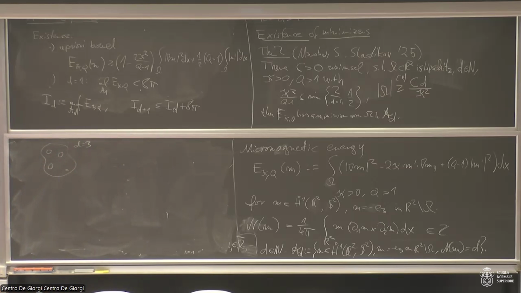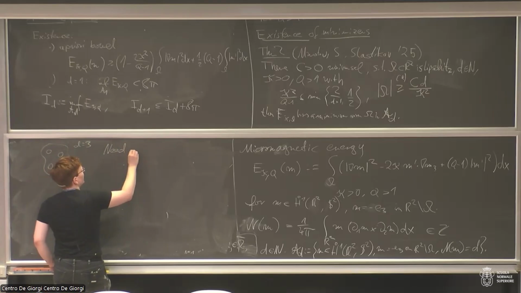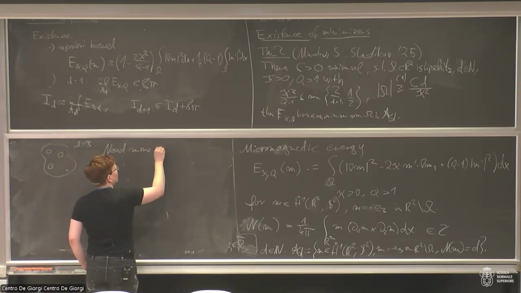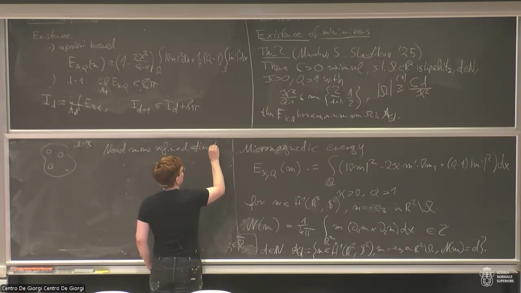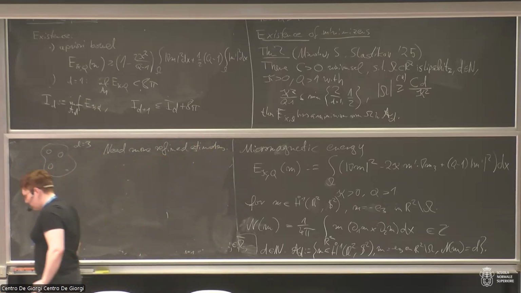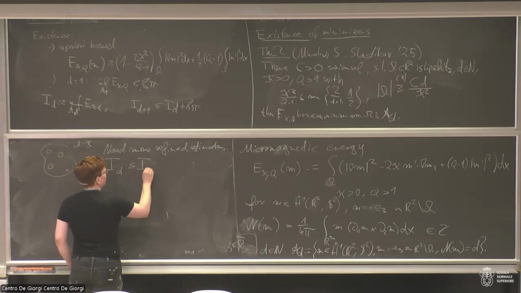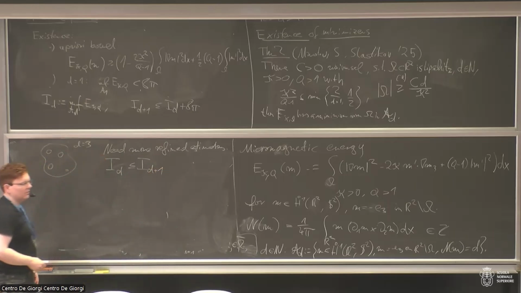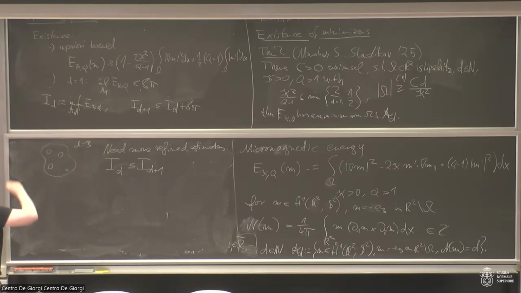So you need some more refined estimates. The more refined estimates are that if you go up a degree, you don't have less energy for some reason. That's relatively easy to prove, at least under our assumptions with the a priori bound.